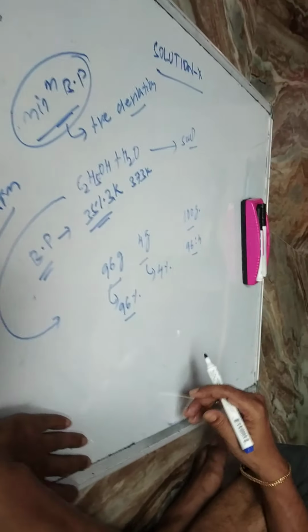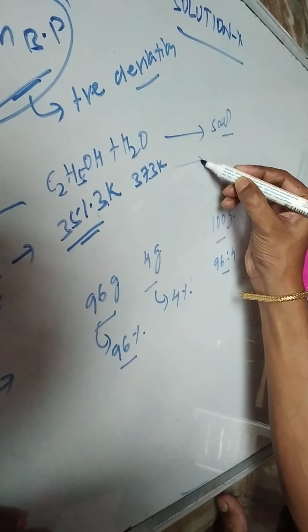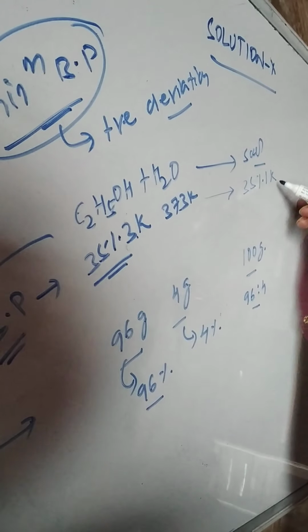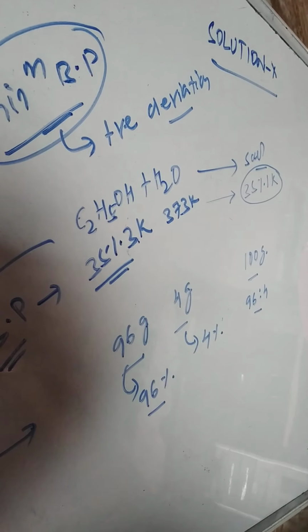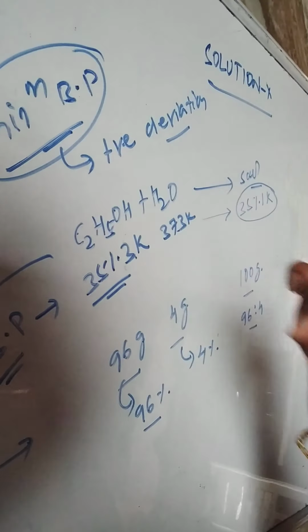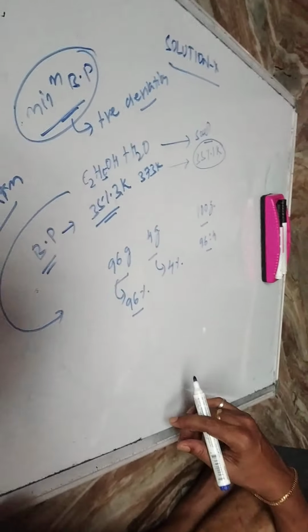Under that condition, the boiling point of the solution will become 351.1 Kelvin. This boiling point is less than the boiling point of both ethanol and water, and for that reason the solution is called a minimum boiling point azeotropic mixture.